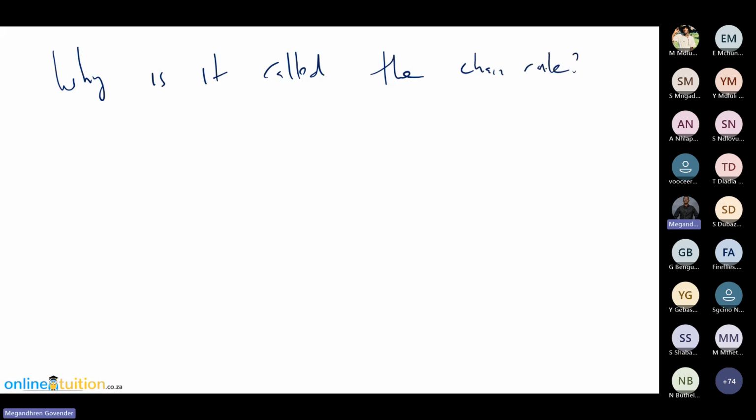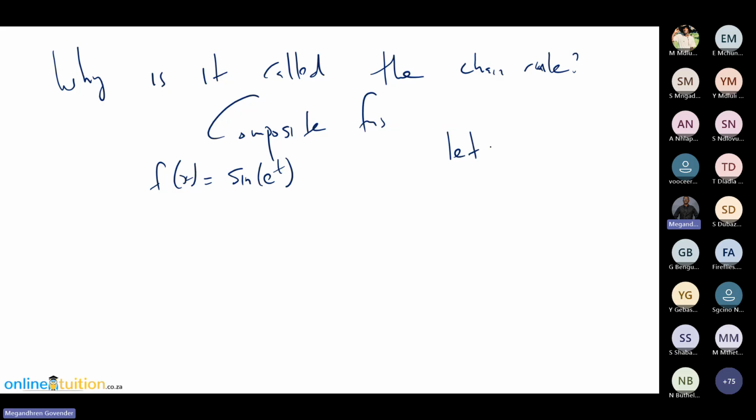Firstly, it works for composite functions. So it's a function of a function. For example, if I've got f of x is equal to, let's say, sine of e to the t, I want the derivative of that. Then the rule says let u equal e to the t.